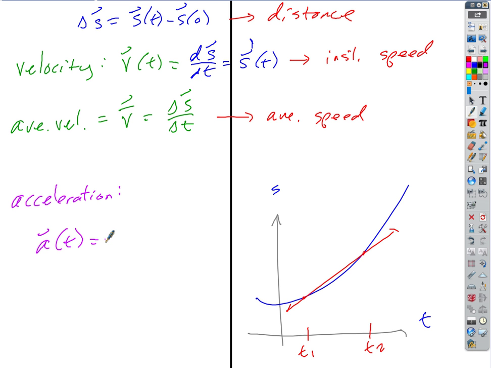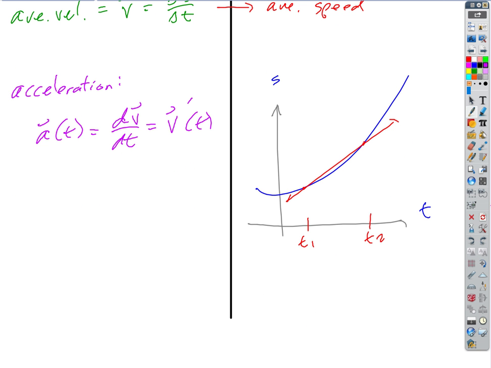What's that equal to? The rate of change of velocity with respect to time. So that's dv dt, which is the same thing as v prime of t. What is that in terms of position?